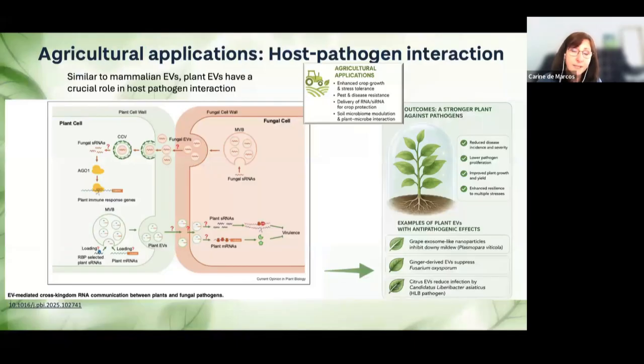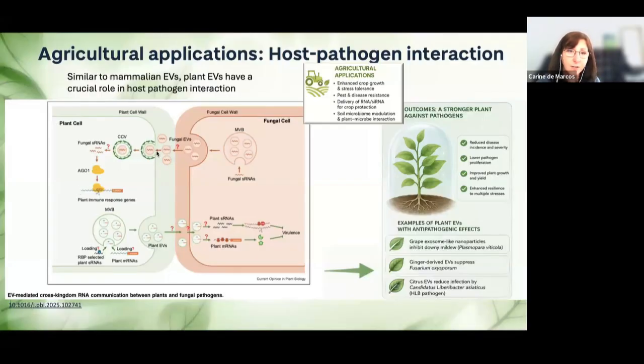So the other application for plant EVs is, of course, the fact that they have a crucial role in host-pathogen interaction, similarly to mammalian EVs. And there is a war between plant cells and pathogen cells. Here you can see where plants send plant EVs to lower the virulence of fungi or bacteria, and similarly, pathogens send fungal EVs to lower the immune response of plant cells.